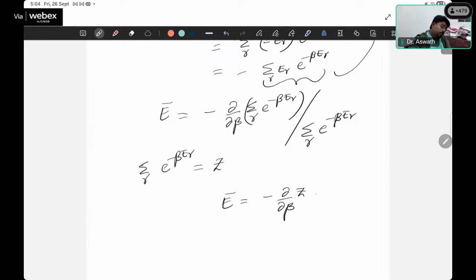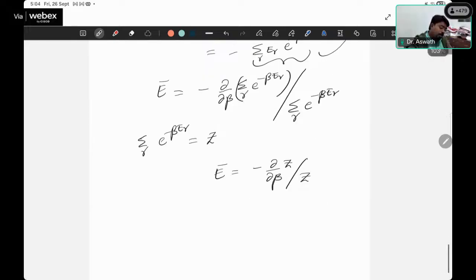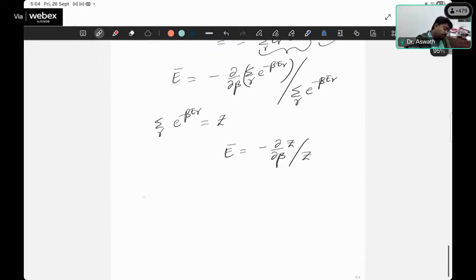Now, if I call that z, the mean energy is minus the derivative of z divided by z. Again, I'll play a trick. You just take a log of z and differentiate log of z with beta. I'll get 1 over z times dou z by dou beta.